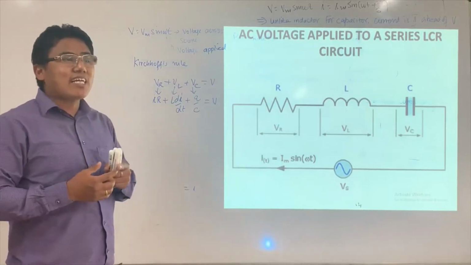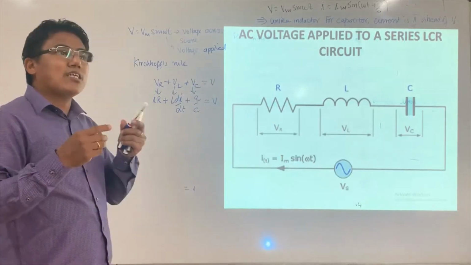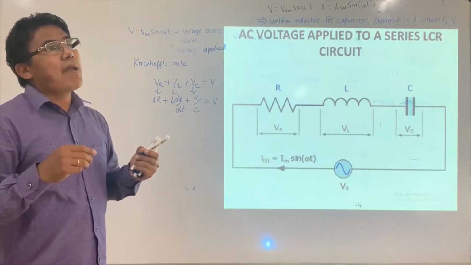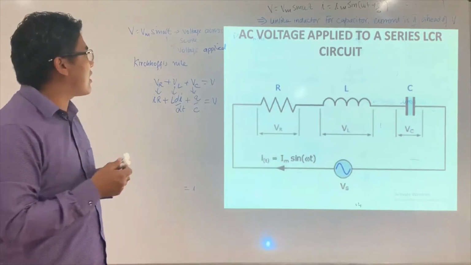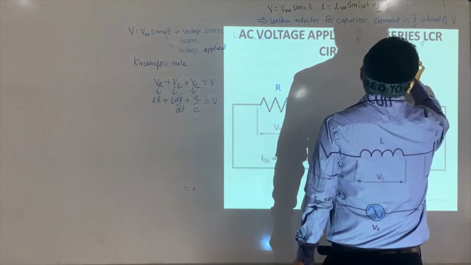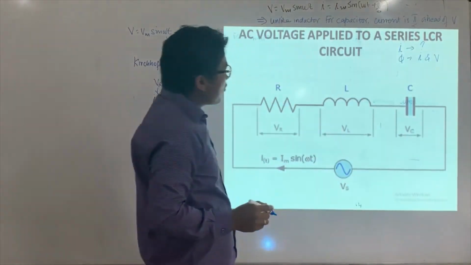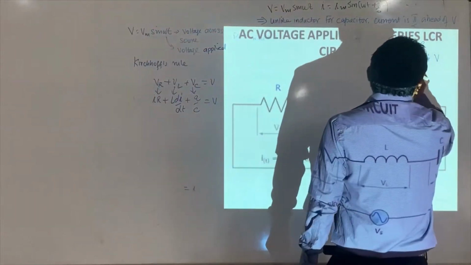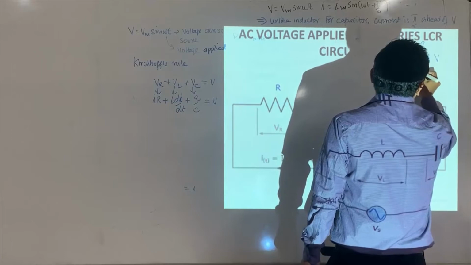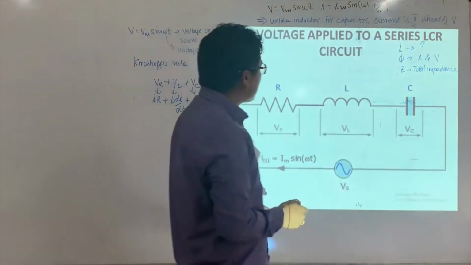What we are going to find is the instantaneous current, the phase difference between current and voltage, and the maximum current. We would also like to understand the total impedance, that is, the total resistance.